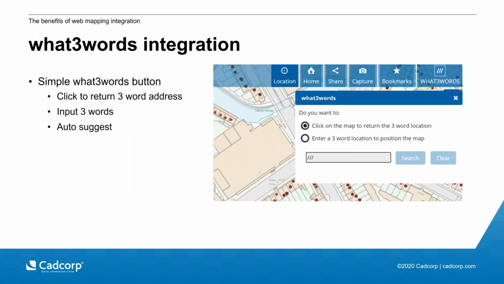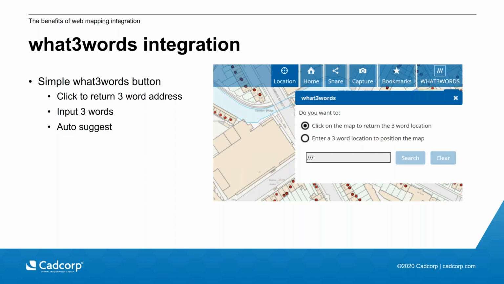And the what3words integration comes via a simple button that sits on the Cadcorp SIS WebMap interface. So this button is an optional add-in, and it extends the location-based search capabilities by allowing the user to either click on the map and you'll get returned a 3-word address.